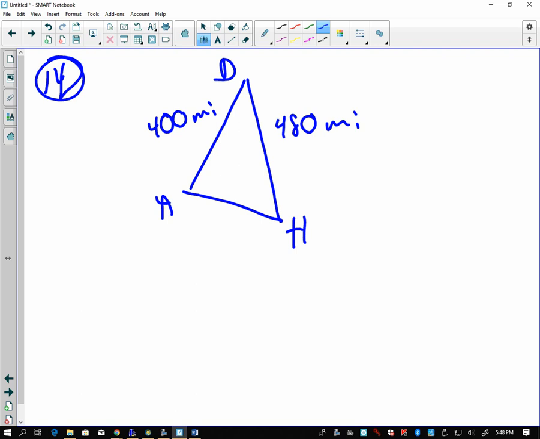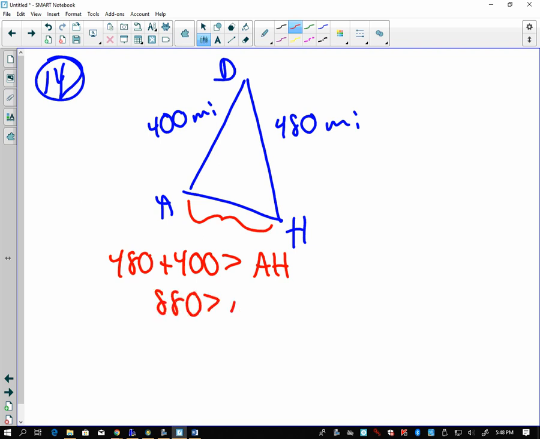So we want to know what is the range of possibilities for this distance right here, and it uses the same principle that we just looked at. Any two sides of a triangle have to add up to be greater than the third. So we know that 480 plus 400 has to be greater than AH. That's 880, so 880 has to be greater than AH. But also AH plus 400 has to be greater than 480.